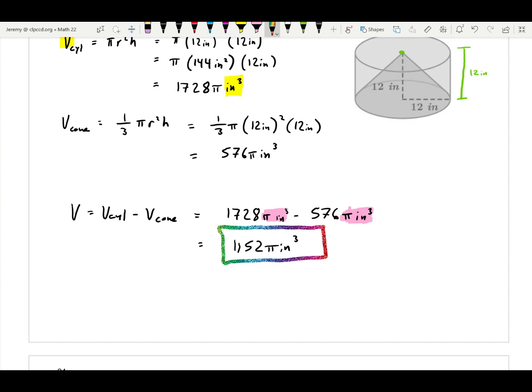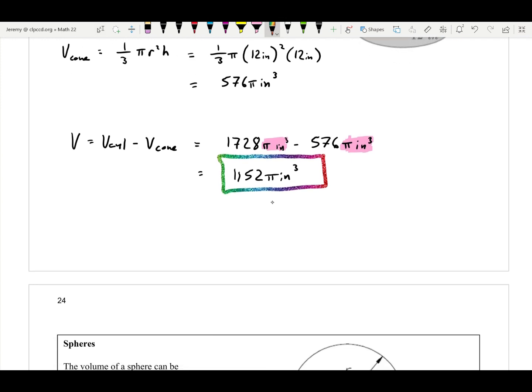I can also multiply, if I wanted to get a decimal approximation, sometimes it's helpful to have that. I'll include that as well. I multiplied 1152 times pi, and I got 3,619.114737. It keeps going. I'll just round to the nearest tenth, so 3,619.1 inches cubed.